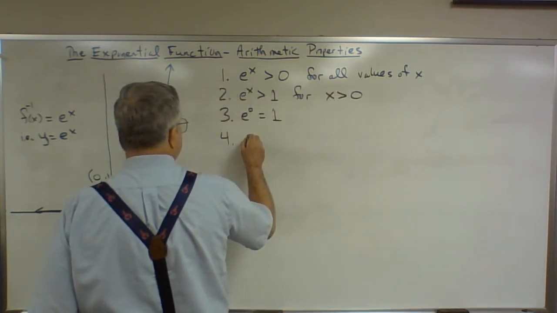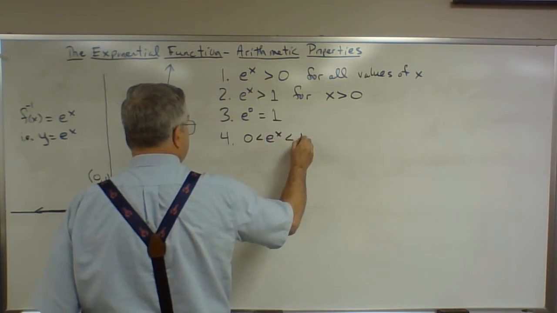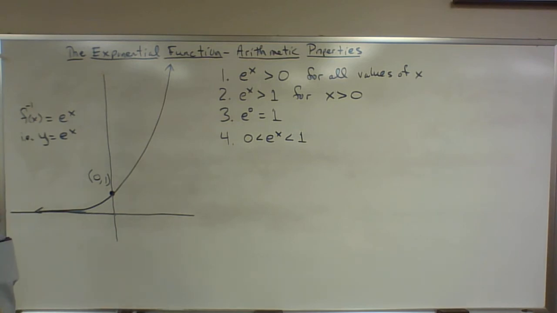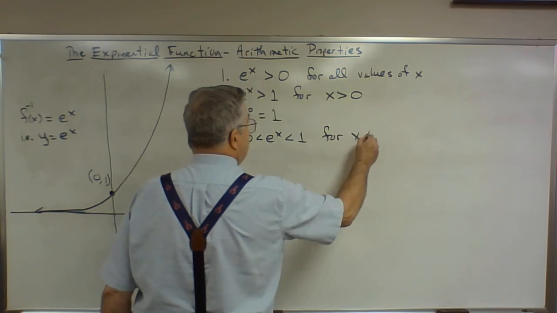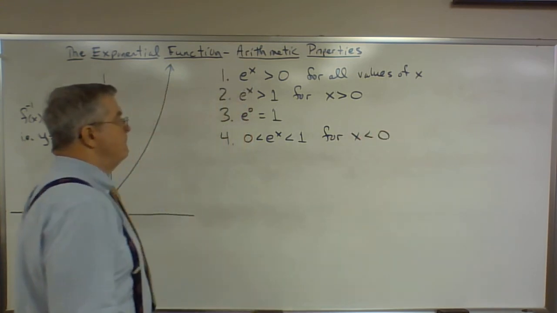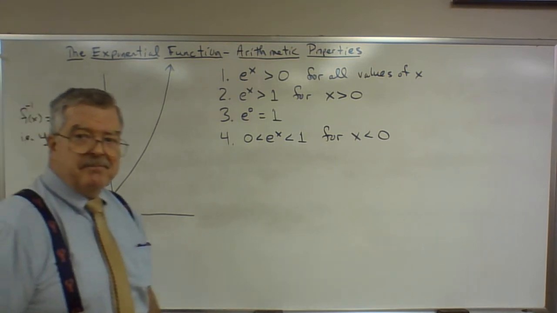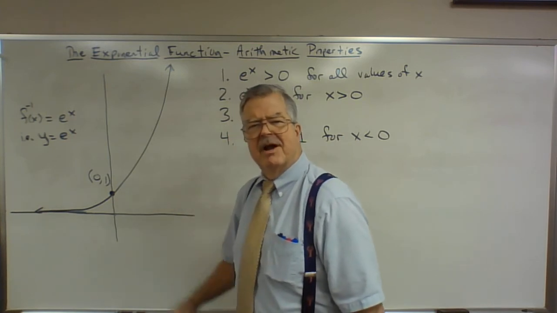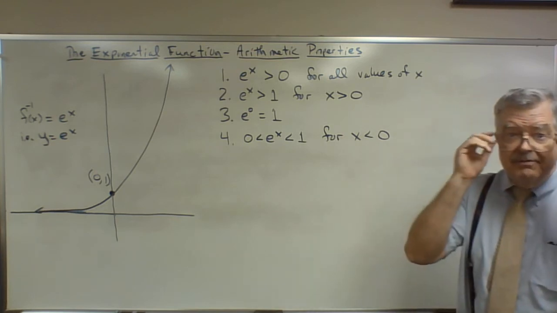So e to the x is sandwiched in between 0 and 1 for x less than 0. By the way, if we have this graph memorized, all of these points are going to be obvious.